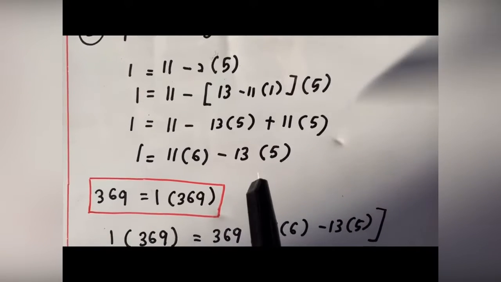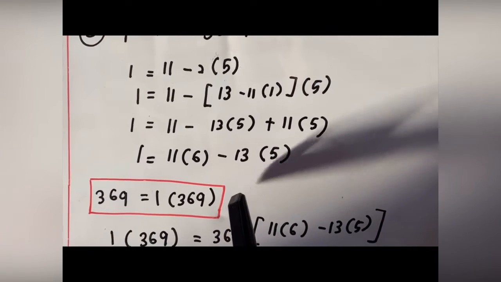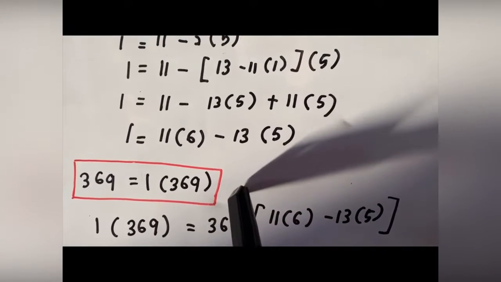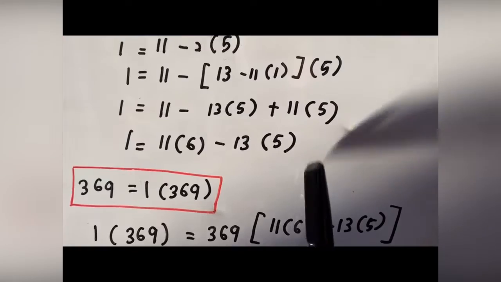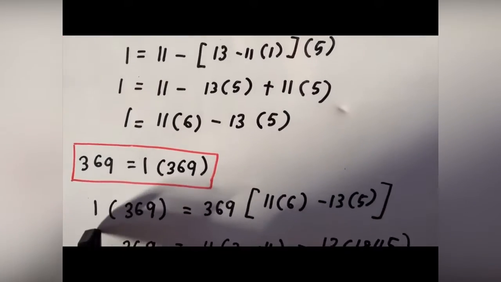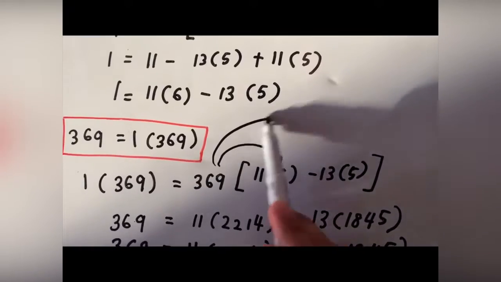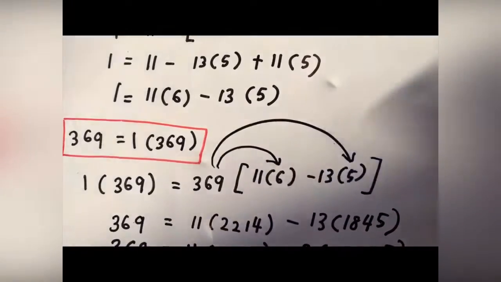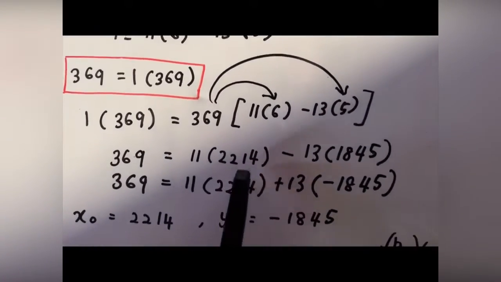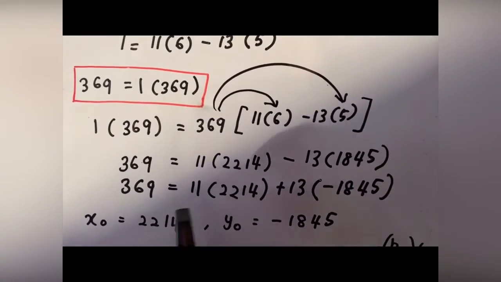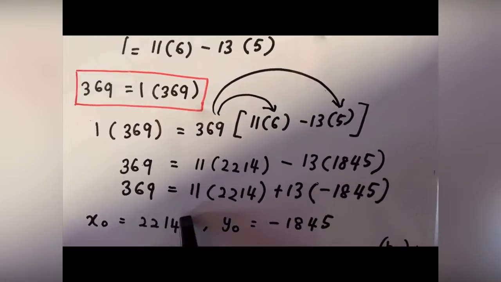After you get the answer, you must multiply with the value of M. The value of M is 369. So you multiply 369 with 6 and 369 with 5, and then you get the answer and you can get the value of X initial and Y initial from the answer.